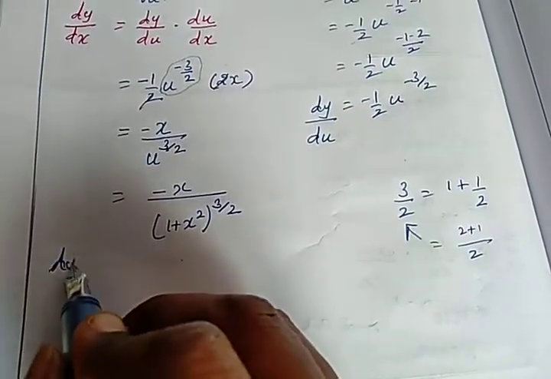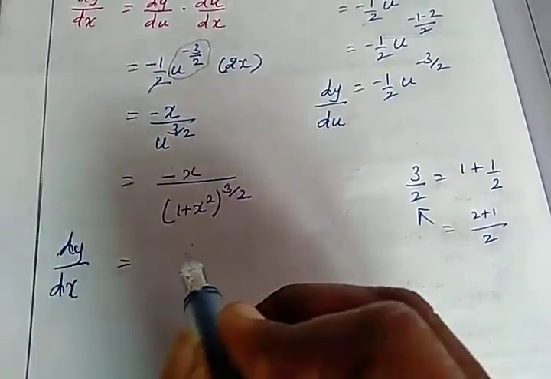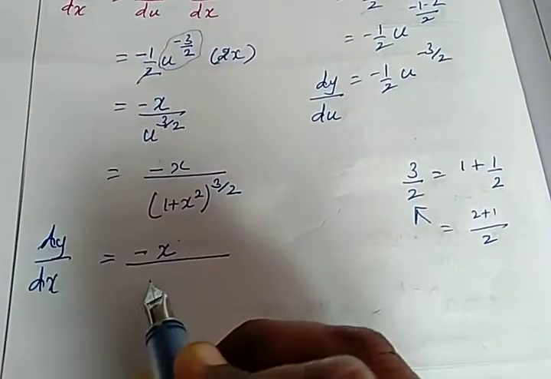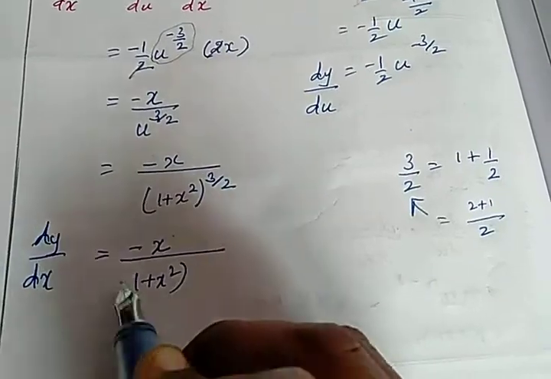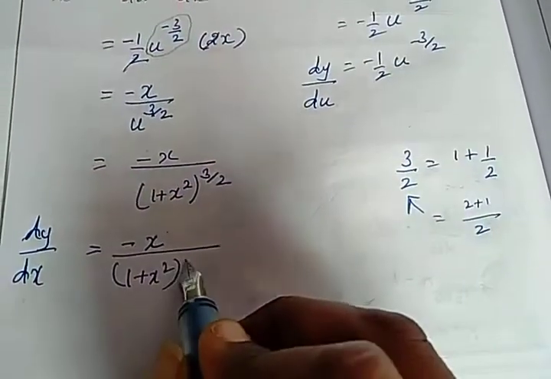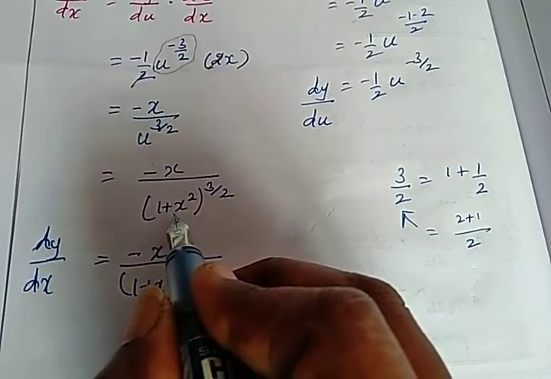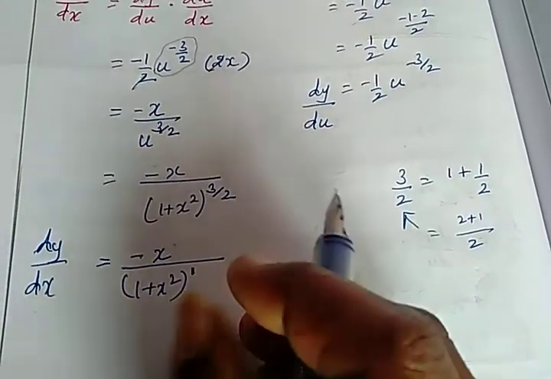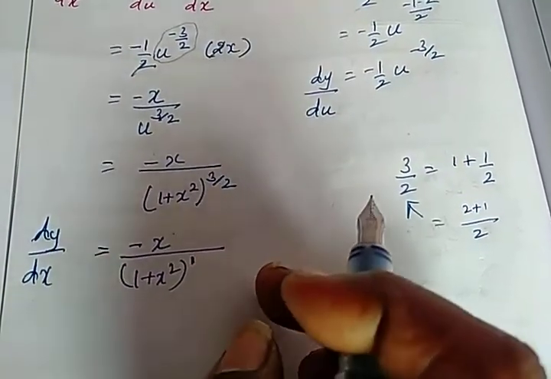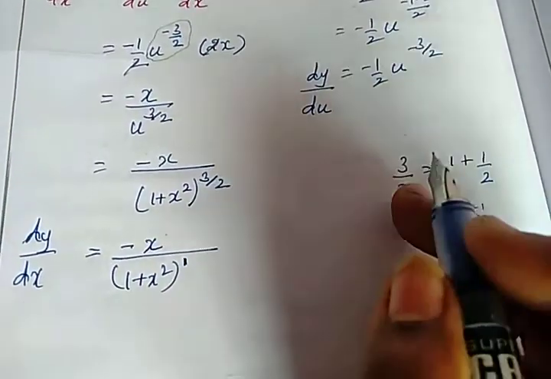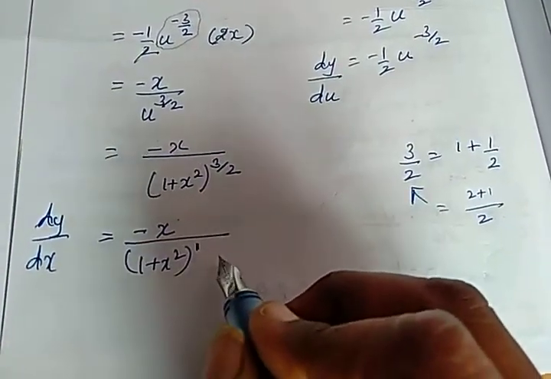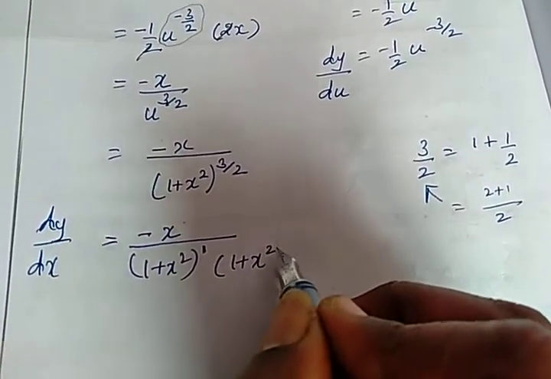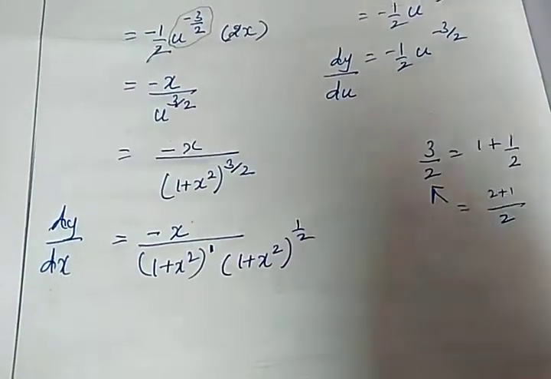So dy by dx will be equal to minus x divided by (1 plus x squared) whole to the power 1, now the same expression to the power half. That's all. Bases are same, powers you have to add, a product rule. If you add back, you will be getting the same answer. It is just a simplification of this expression. Clear?